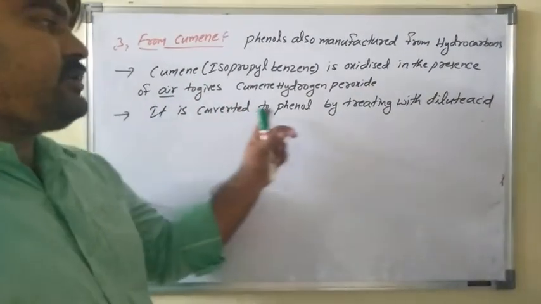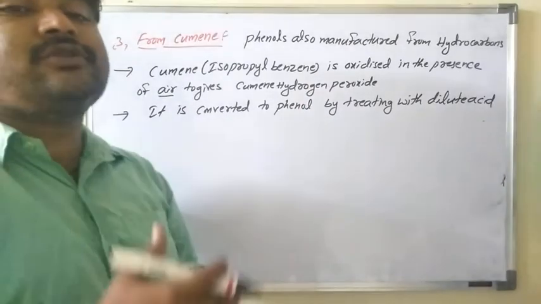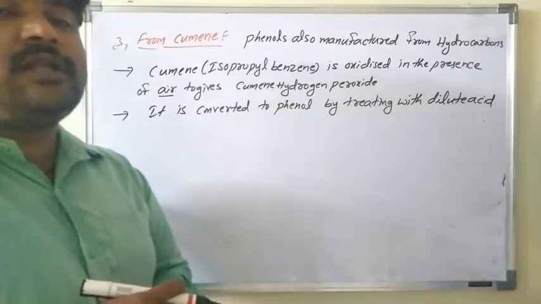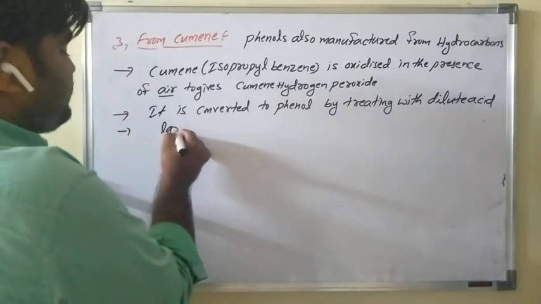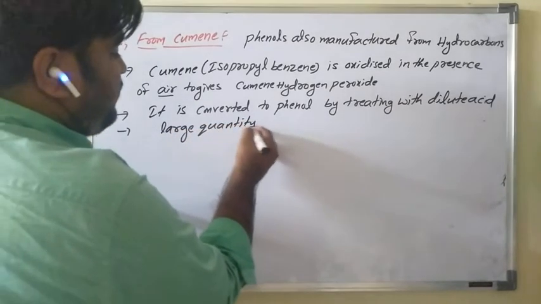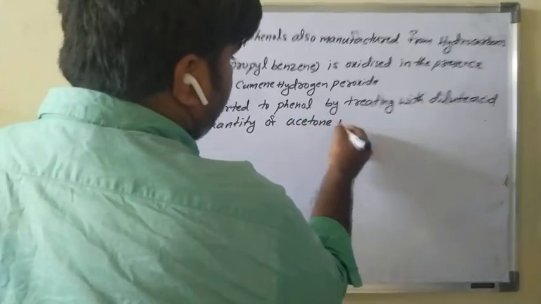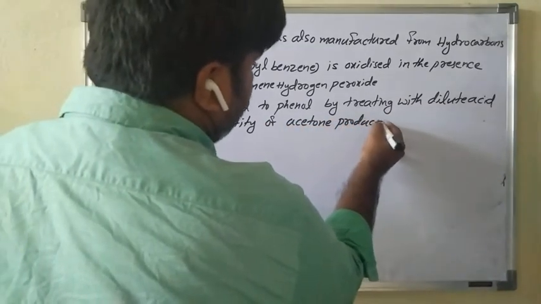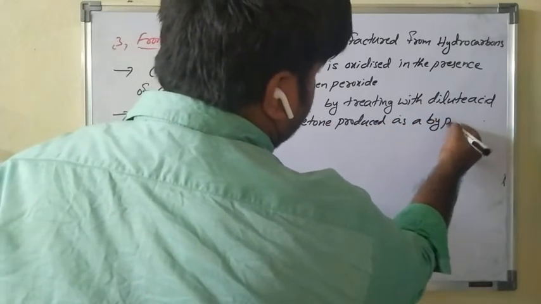It is converted to phenol by treating with dilute acid. During this process, a large quantity of acetone is produced as a byproduct.